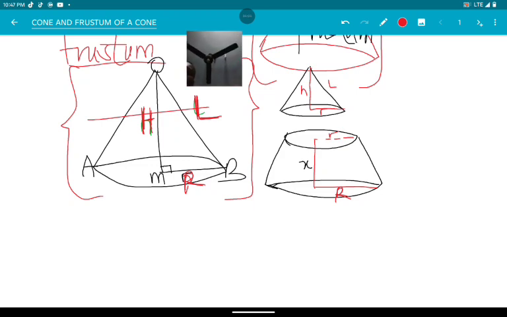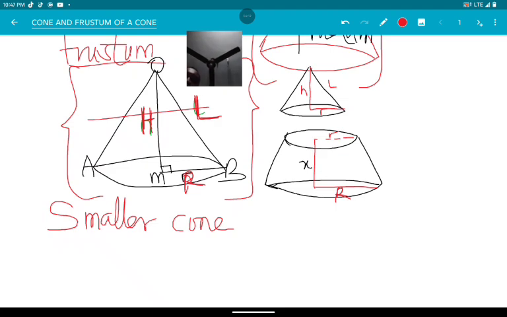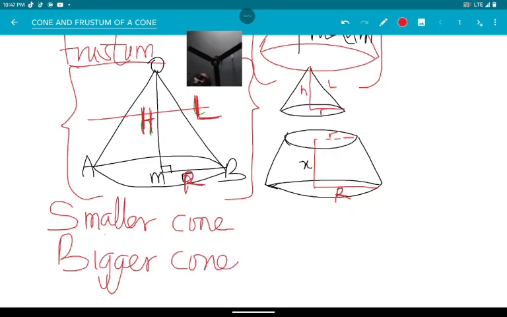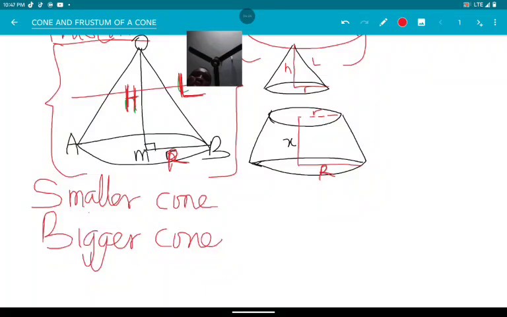So here we have two cones, the smaller cone, which is this one here, and the bigger cone. This is the concept we are going to be using. If I remove the smaller cone from the bigger cone, what I have left is called the frustum. Please take notes.